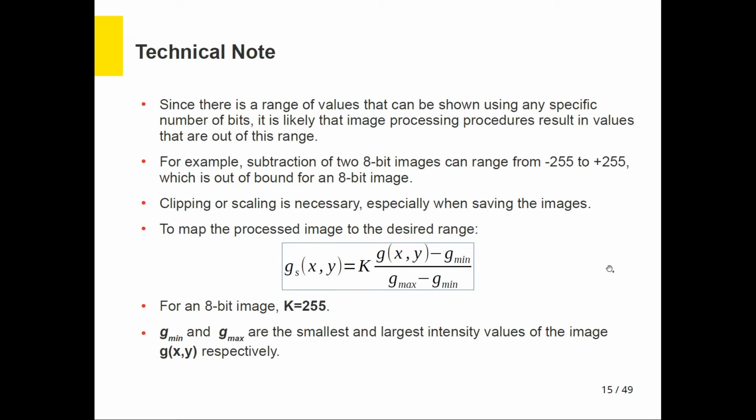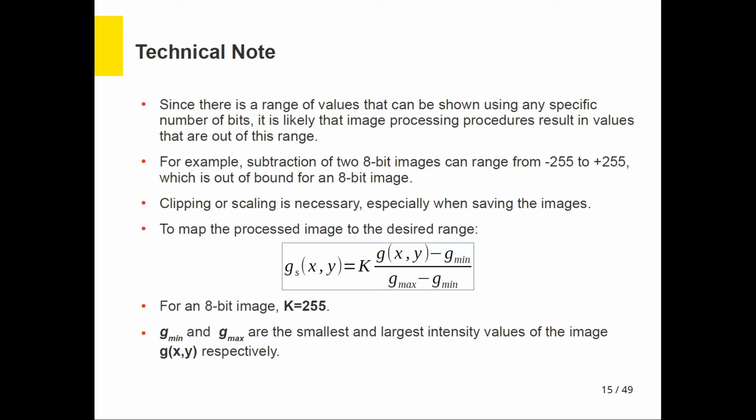A technical note that I have to mention here is that, if you remember from before, when we quantized intensity levels, we said that we use a specific number of bits to represent the intensity range. Using any specific number of bits, we can only show a certain range of values. For example, if we are using 8 bits, we can only show values between 0 and 255. So what happens if we subtract two 8-bit images?